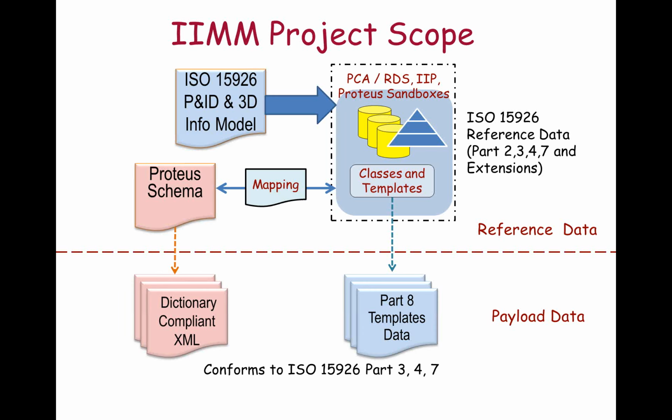And the definition of that model will then be put into the sandboxes of the PCA RDS. Some are in the IIP and some are in the Proteus sandboxes. Those classes and templates can then be used to drive the Part 8 payload transfer.